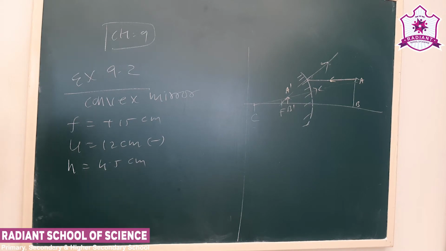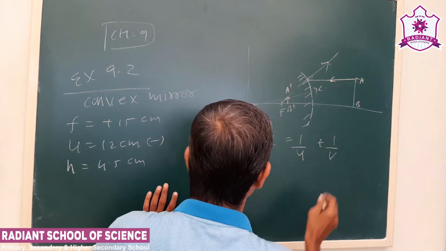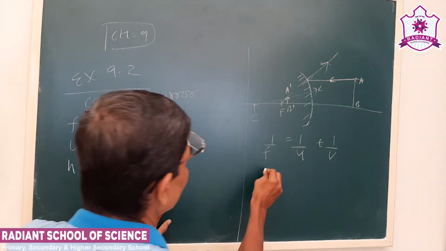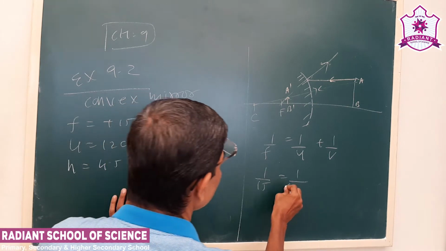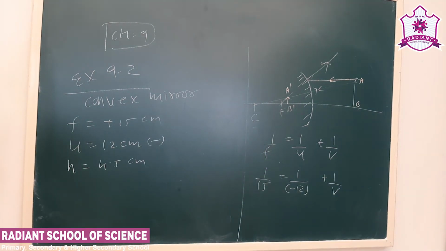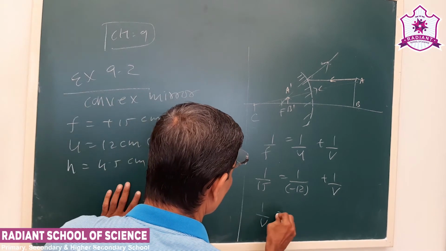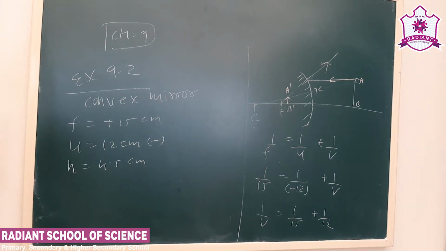Okay, now we substitute the values. 1 upon f is 1 upon u plus 1 upon v. See, focal length is 15 centimeter, u is minus 12. See, we have to find out the image distance. So 1 upon v will be 1 upon 15 plus 1 upon 12.